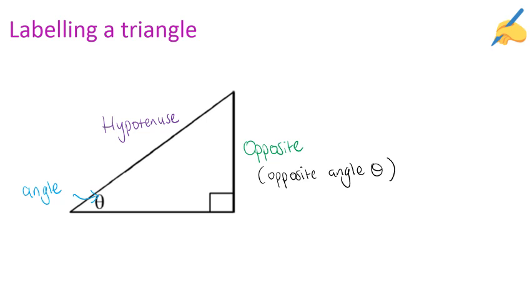And we call the third side down here adjacent. That's basically a fancy word that means next to. So it's next to the angle. On the next slide, I'll show you a trick to work out easily which side is which.